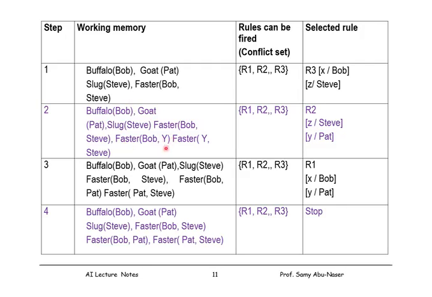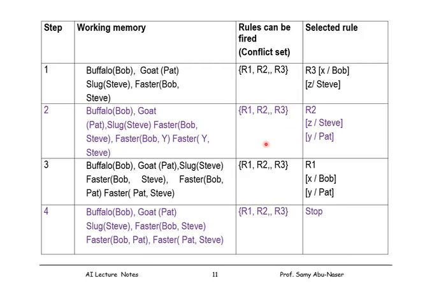We take these facts, test the right hand side of the rules, the three rules, to see which one can be executed. All of them can be executed because all of them on the right hand side have faster. So we executed R3 before, we take R2 now.